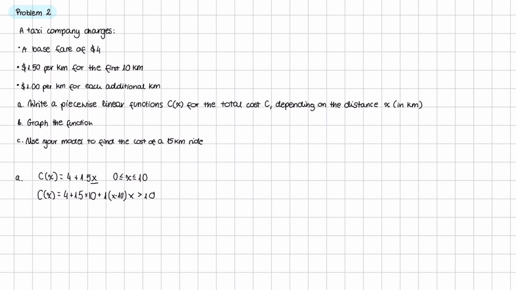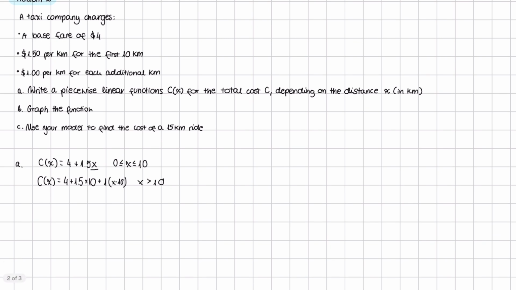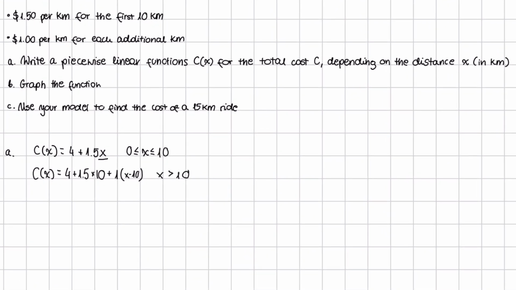So our x is greater than 10. This is what we wrote in our domain. X is greater than 10. So as you can see, if we have 1 kilometer, we cannot substitute it in here because our bracket will be negative. It will be 1 minus 10, so minus 9.